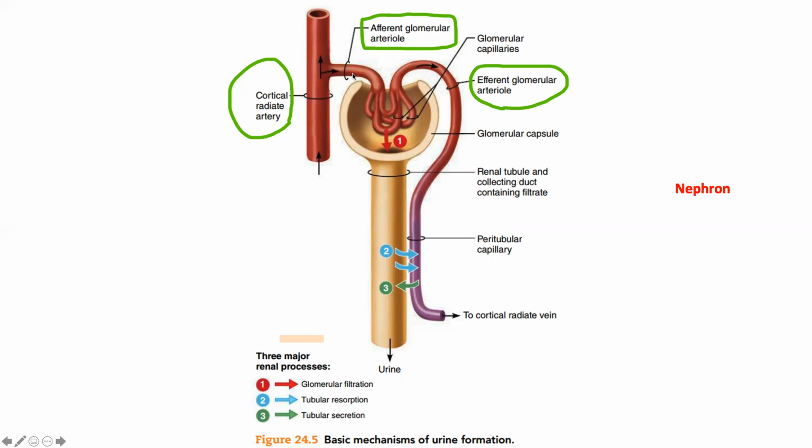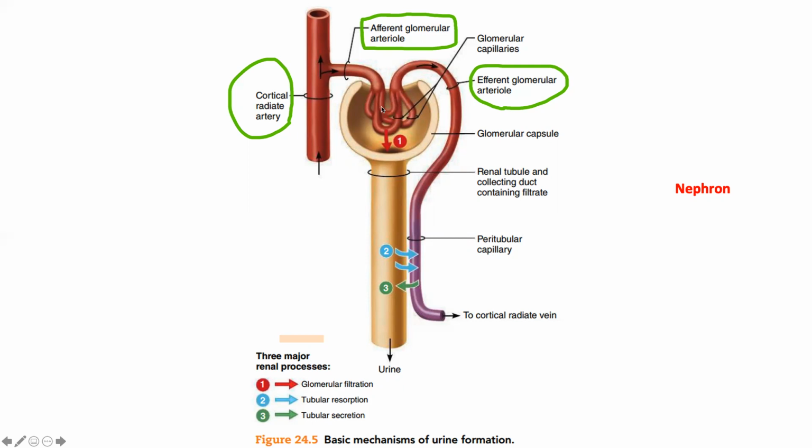This afferent arteriole comes into the glomerular capsule, where it becomes capillaries for the filtration, and leaves the glomerular capsule as the efferent arteriole. Look at the size: the afferent arteriole is larger and the efferent arteriole is smaller.